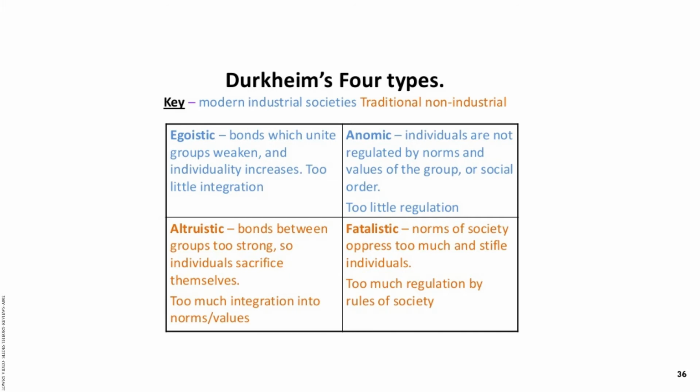And finally, fatalistic suicide, this is where norms of society oppress too much and stifle individuals. So too much regulation by rules of society. So perhaps, for example, a monk that feels oppressed in his beliefs and wants to strike out against that.